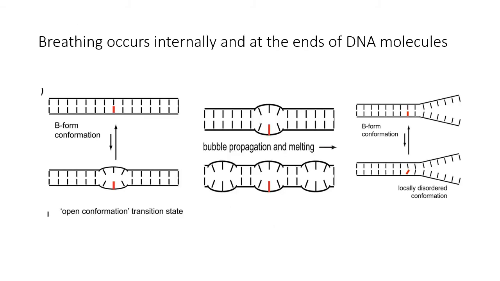Breathing does occur spontaneously, internally, but also at the ends. For example, in the picture on the left, an AT-rich region will locally melt into what's called a bubble, where it's locally disordered, but can go back into its normal ordered condition. In the process of melting, you start off with these bubbles, which can then take over the molecule and cause strand separation.